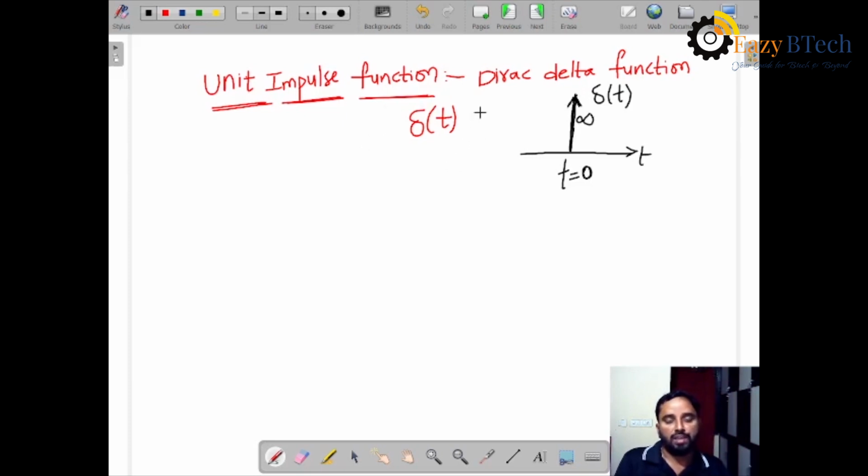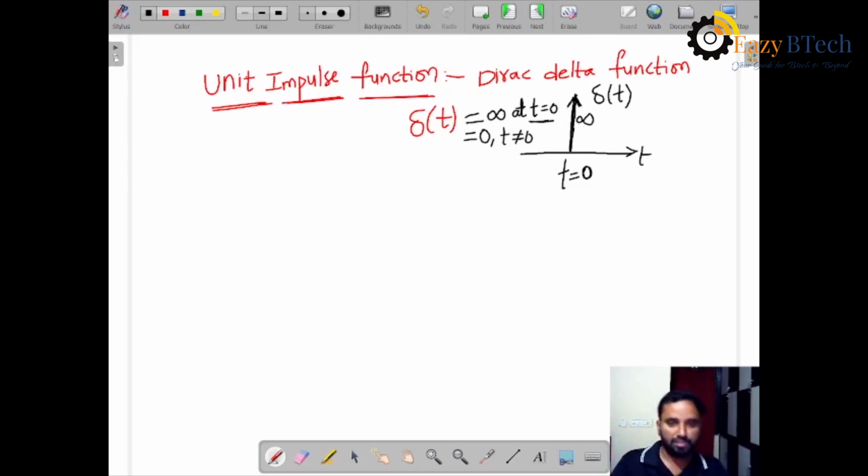So I am writing the mathematical definition now. Del of t is equal to infinity at t equal to 0, and del of t is equal to 0 for t not equal to 0.